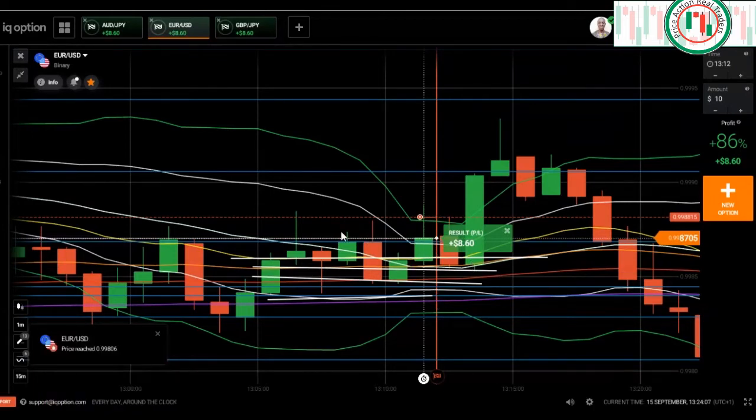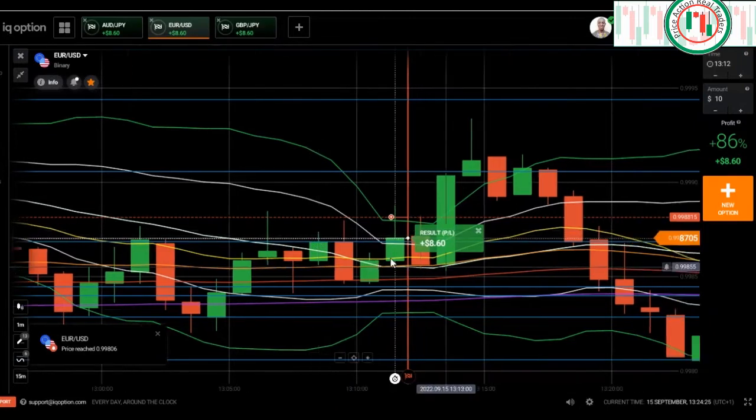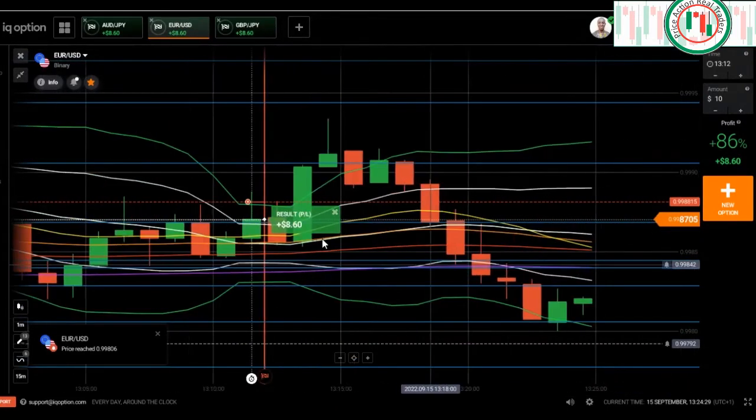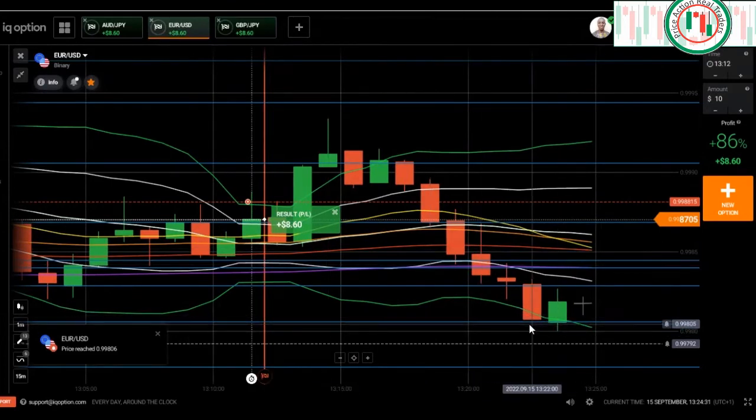You see here, after this candle, the market reverses, then the market goes up again, one or two candles, the market reverses again. So after this candle, it may reverse. You see, I told you after this candle you should expect the market to reverse. Why?